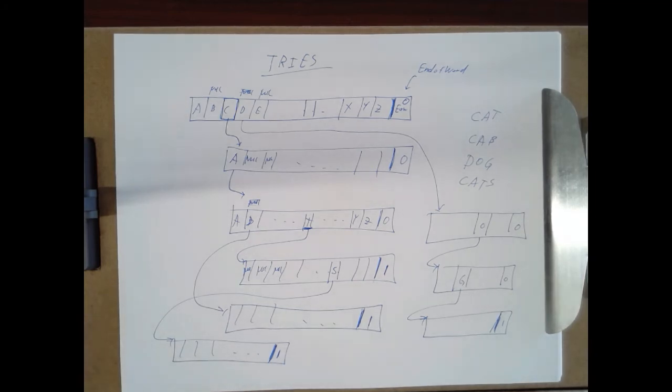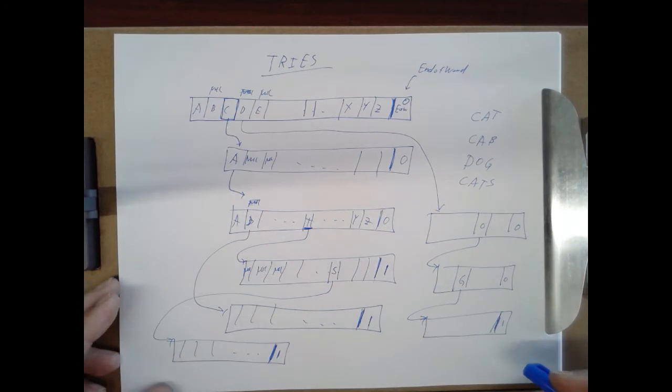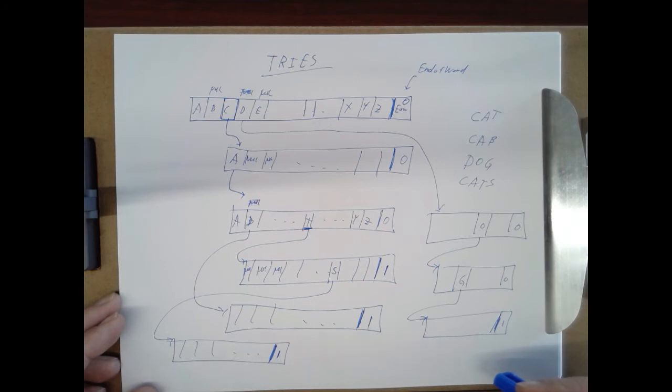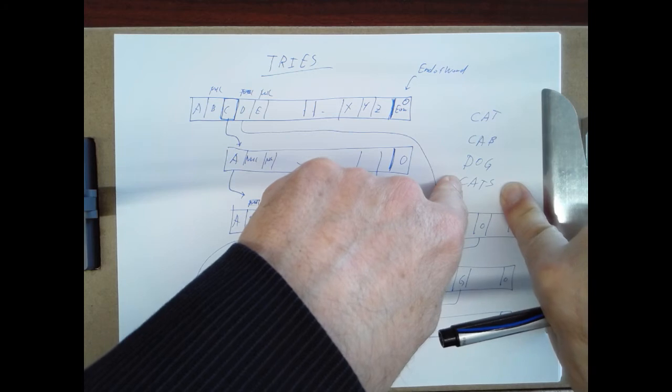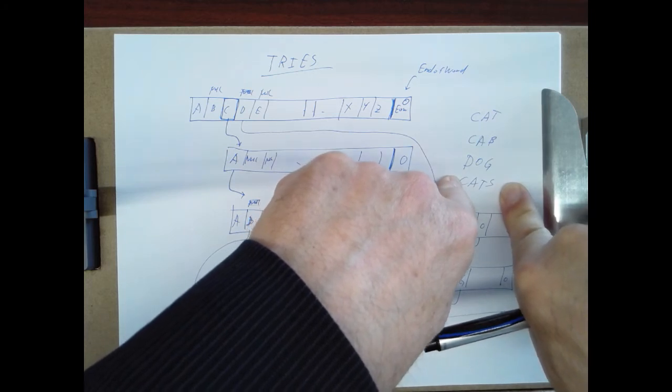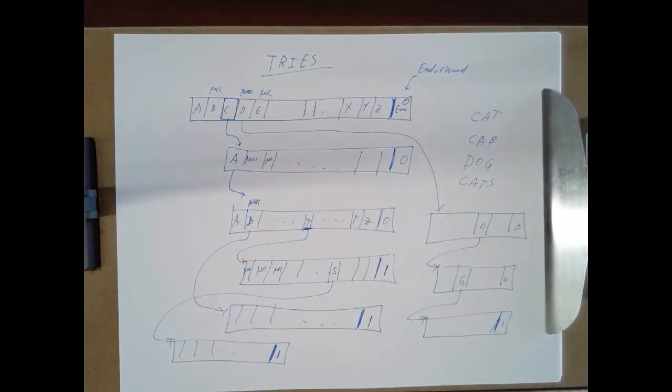So it's unambiguously letting us store words in this collection of nodes. The cool thing is the number of operations you have to do to find if a word is in your try is bound by the number of letters in your word. So if I know that no word has more than 11 letters, I can find any word in this structure in 11 operations, no matter how many words I have stored in here.